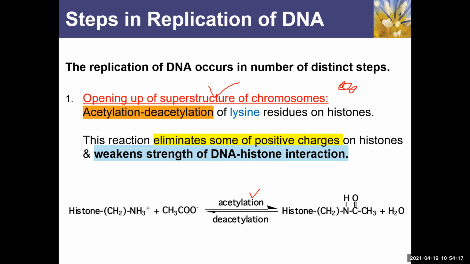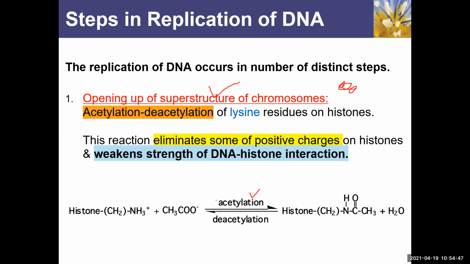So simply, there's an enzyme called the histone acetylase, which causes the acetylation of the lysine in the histone proteins. Do you remember I told you that histone proteins have special amino acids like lysine, which have positive side chains? So it causes acetylation of the lysine present in the histone proteins.